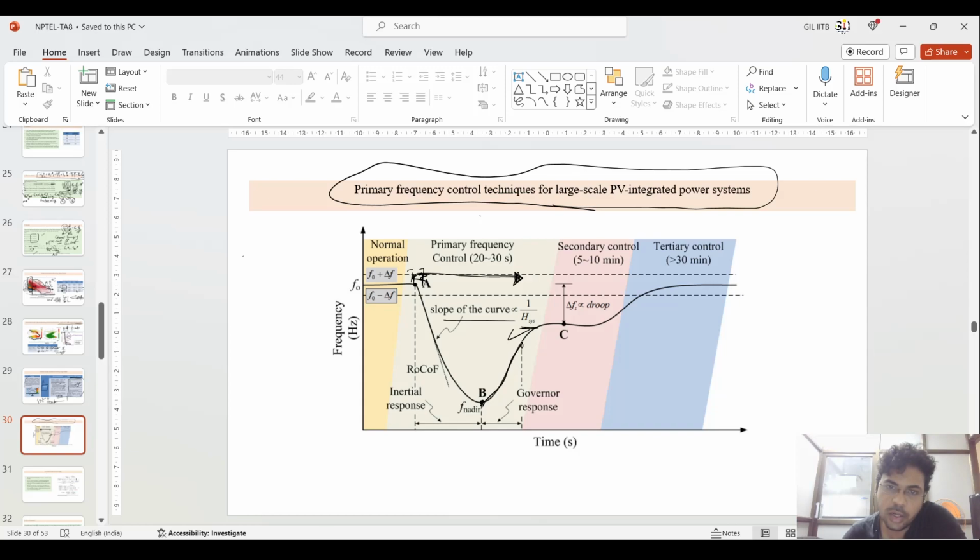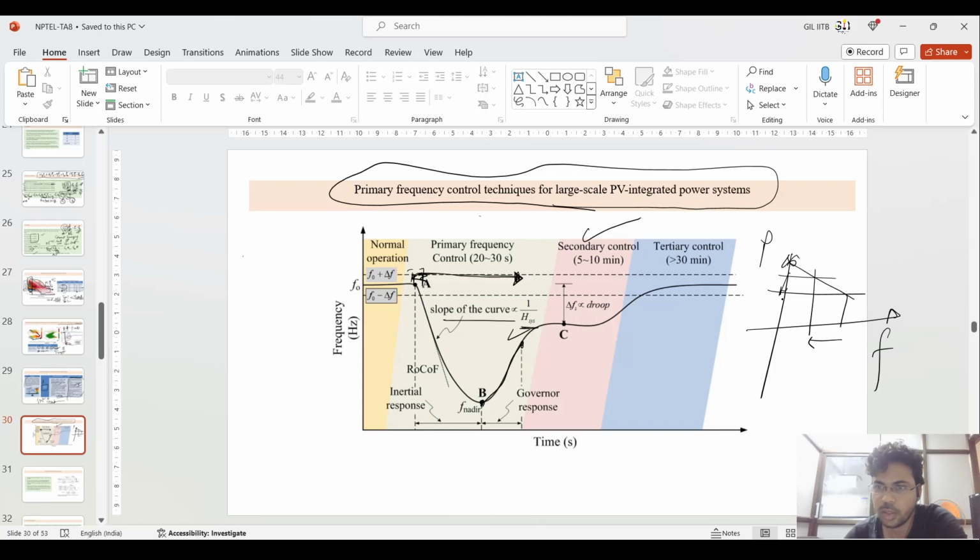At point B, when it reaches the lowest point, the governor response comes in and it stabilizes the system to a certain extent. Then the secondary control gets activated based upon this droop based control, that is this P versus F curve, if you remember that.